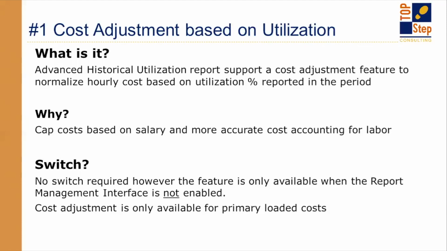But if that person works a 60-hour week, well, in most companies, they're not getting paid for 60 hours. But OpenAir does simple math, right? 60 hours times the hourly rate is 60 hours worth of cost. And so therefore, your cost gets inflated in OpenAir, and your margins, of course, reduce.